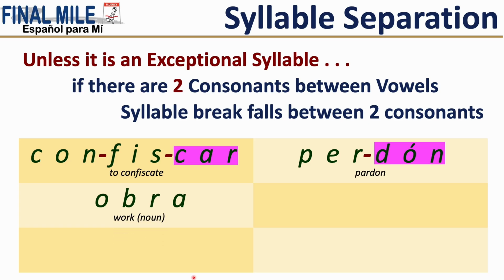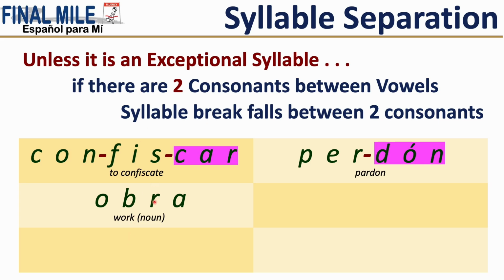Okay. Watch out. Okay, let's do it. Let's process it. We start with a vowel. Okay? When it's at the beginning of the word, we have no choice. We start that syllable with a vowel. Okay, so now we move on and we count the consonants between this vowel and the next vowel. We have two. Okay, watch out. We always have to ask ourselves, are these two part of an exceptional syllable?